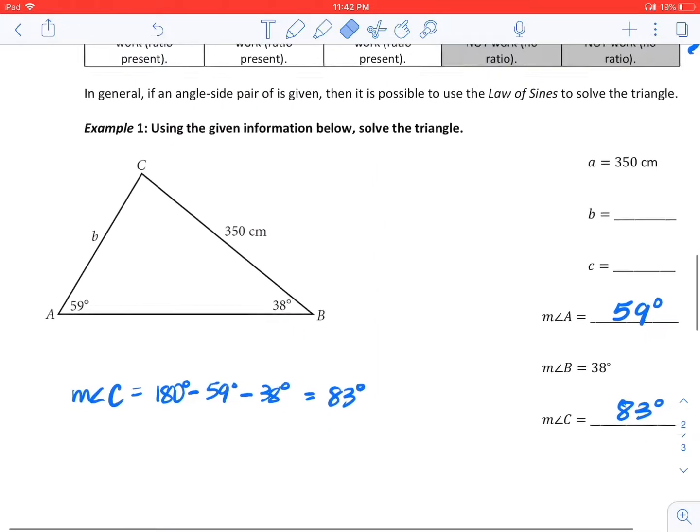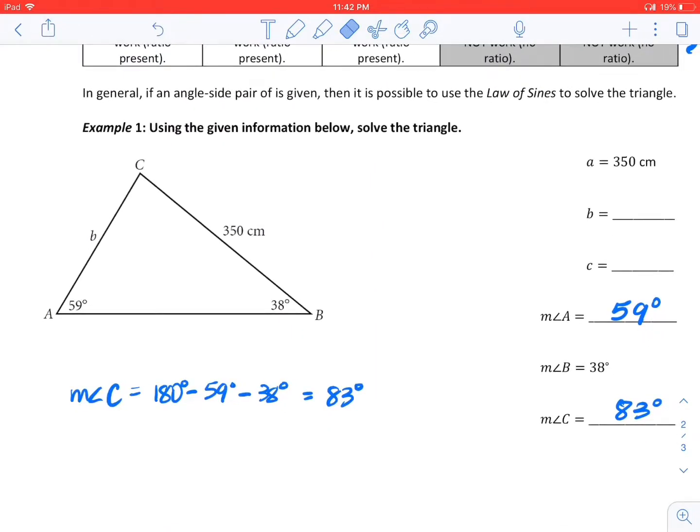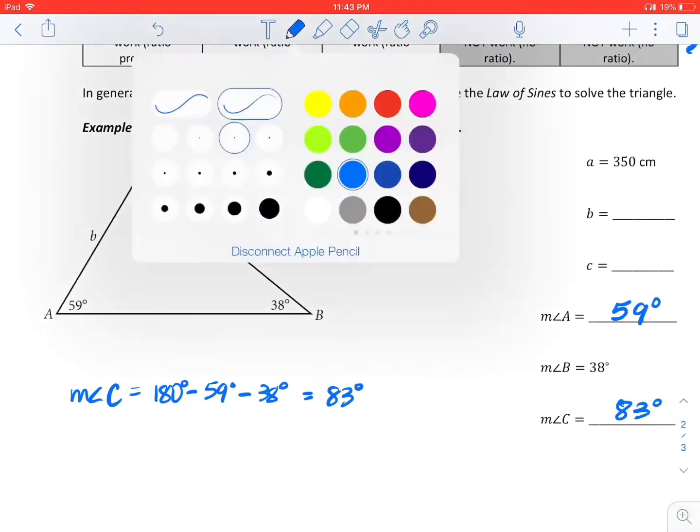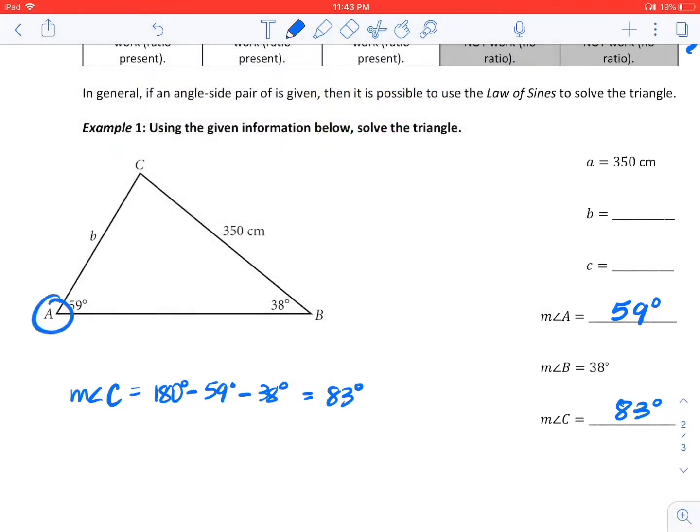Since this is a non-right triangle, I can't use the typical things that I would do to set up a sine ratio because I'm not told it's a right triangle, but I can use the law of sines: the sine of angle A divided by side length A is equal to the sine of angle B divided by side length B. In order to use the law of sines, I need to be given at least one angle side pair.